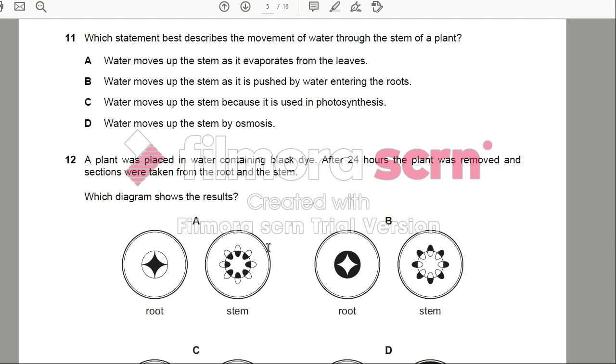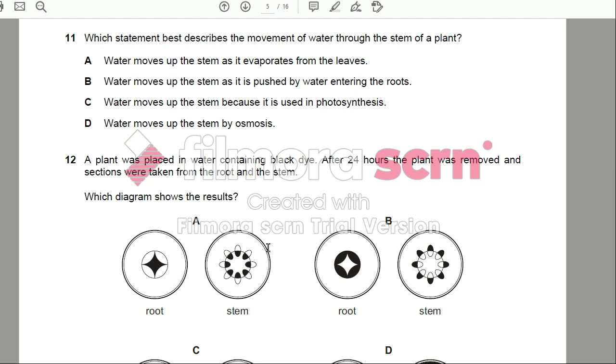Water moves up the stem as it pushed by water entering the root. No, it's incorrect. Water moves up the stem because it is used in photosynthesis. Definitely it is used in photosynthesis, but there must be a force that is pulling upward this water to the leaves. In option D, water moves up the stem by osmosis.